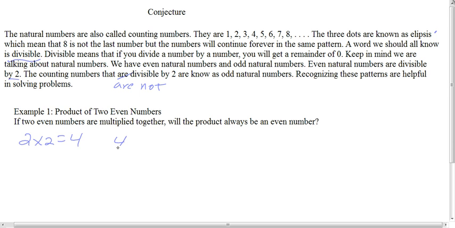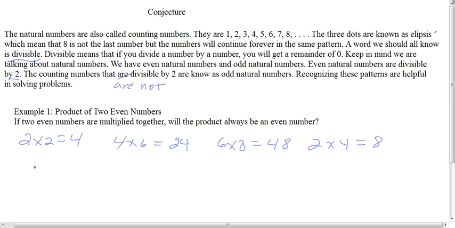Let's take 4 times 6. That gives us 24. We're going okay so far. Let's take 6 times 8, and that equals 48. Let's take 2 times 4, and that does equal 8.